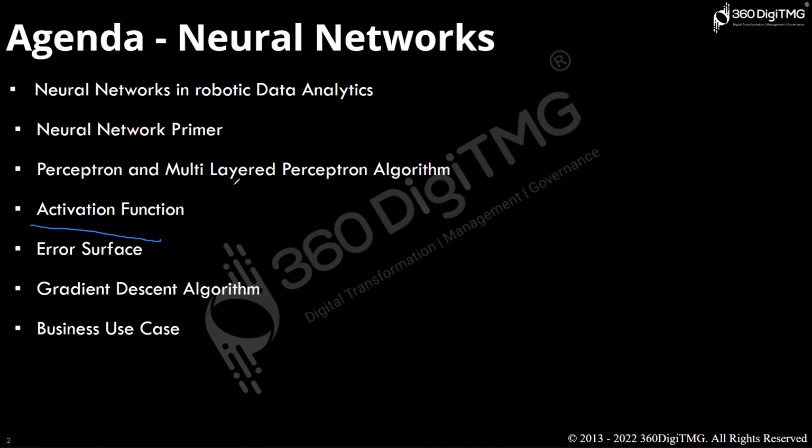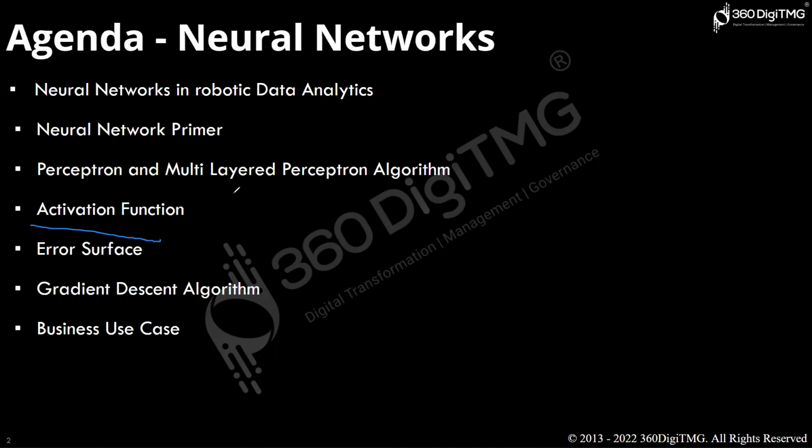Okay. So we have seen what is meant by activation function. The activation function decides whether a neuron should be activated or not.